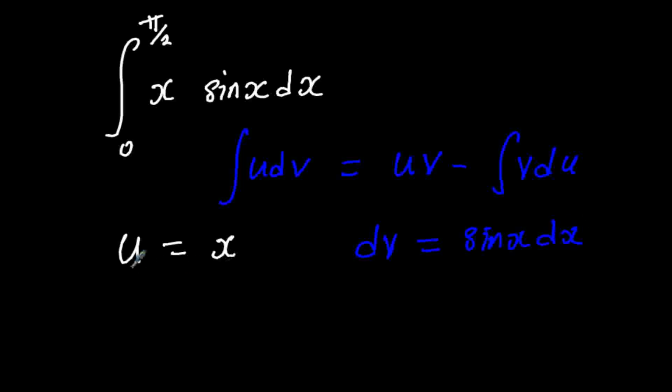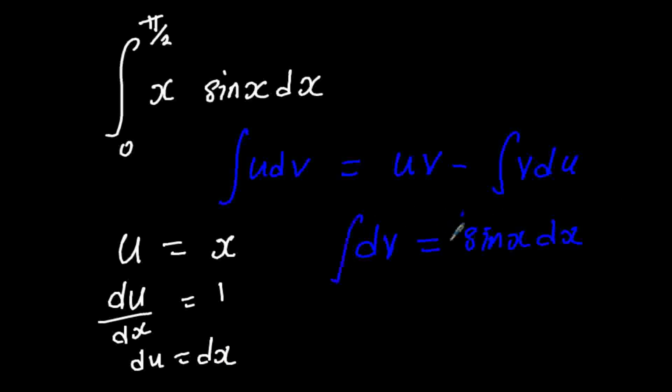So differentiating this with respect to x will give us 1. So our du is equal to dx. And then for this part we have to integrate to find v, which will be negative cos x.